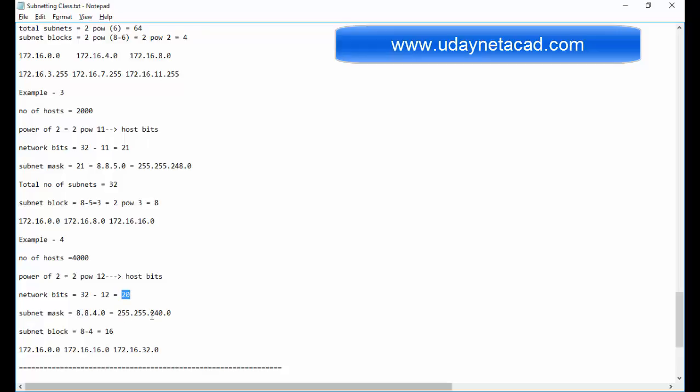That's 255.255.240.0. The subnet block is 8 minus 4, that's 4, and 2 to the power of 4 is 16, so 16 is the block size. So 172.16.0.0, then 172.16.16.0, 172.16.32.0, and so on. And you know how to do the rest of the things. Thank you very much. I will try to give more examples.